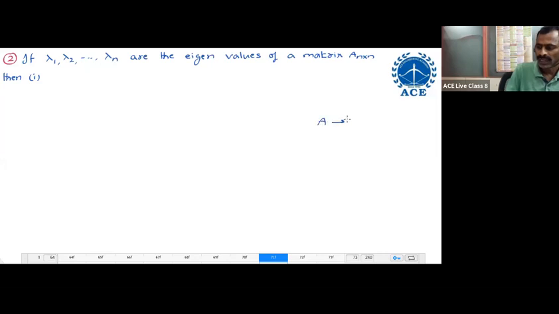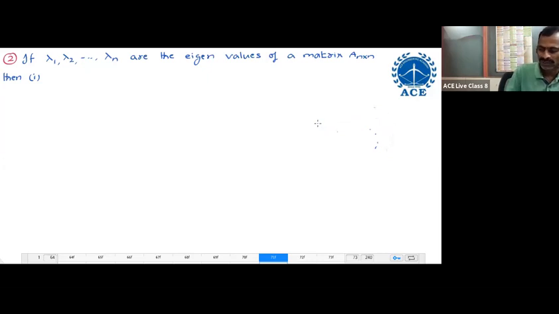For A, lambda is the general eigenvalue, then this matrix will have n eigenvalues. So particular eigenvalues are lambda 1, lambda 2, and so on, lambda n only. General eigenvalue is lambda, particular eigenvalues are like this one. For nth order matrix, n eigenvalues exist. For second order, 2 eigenvalues.